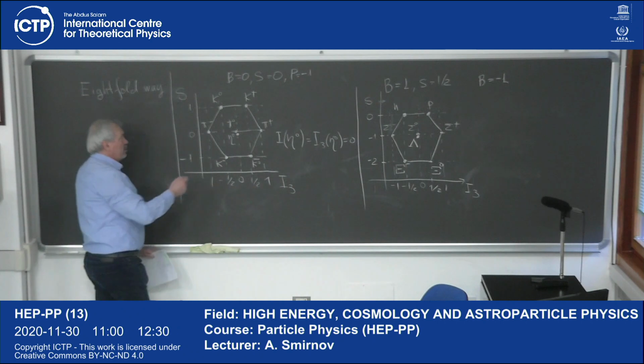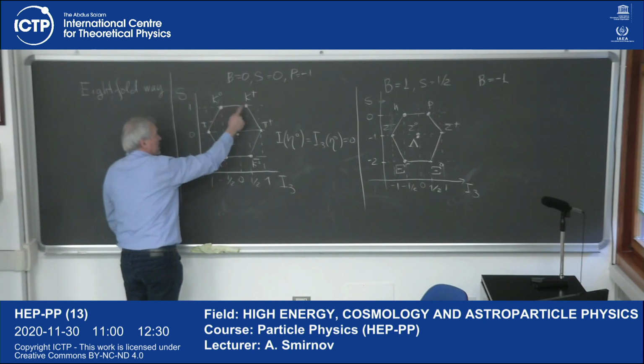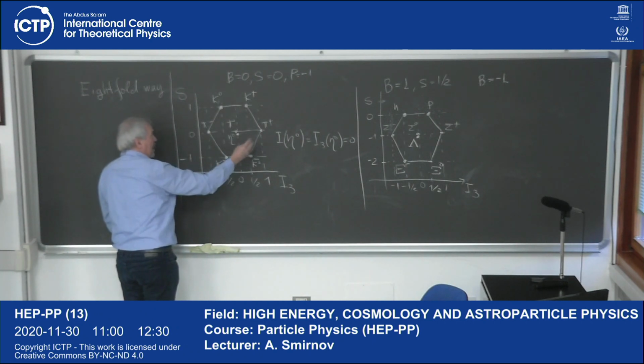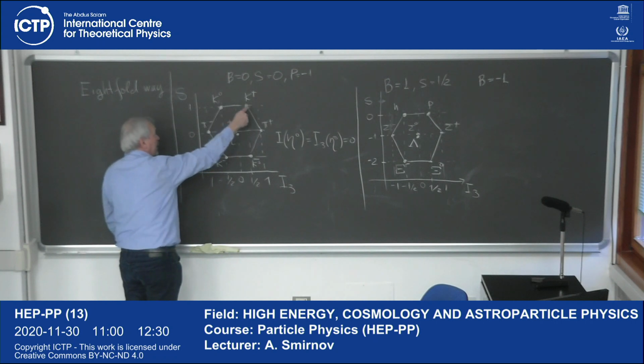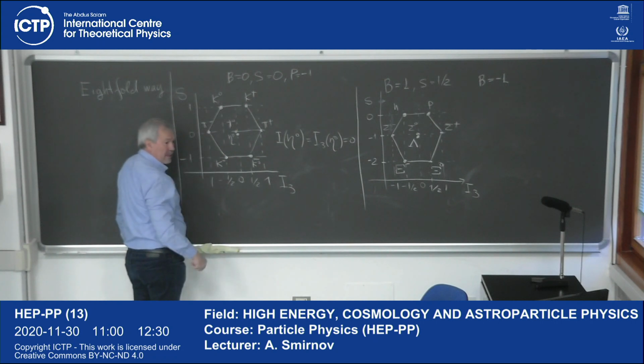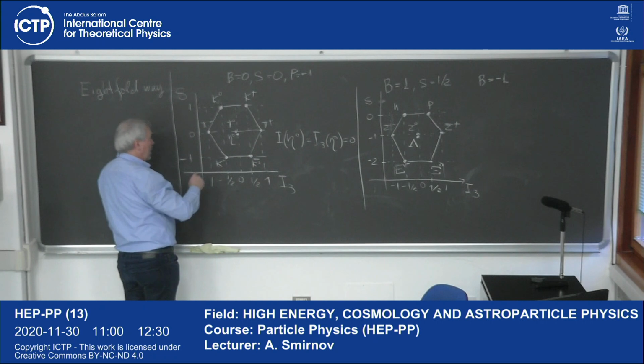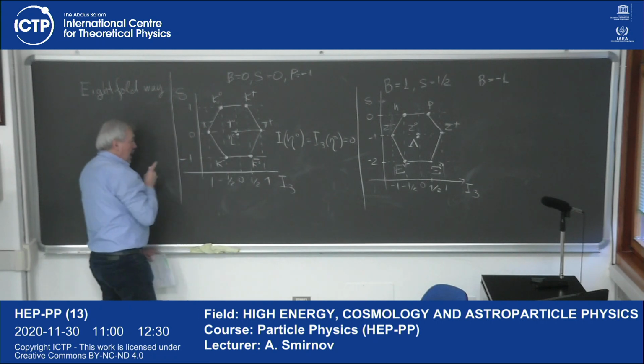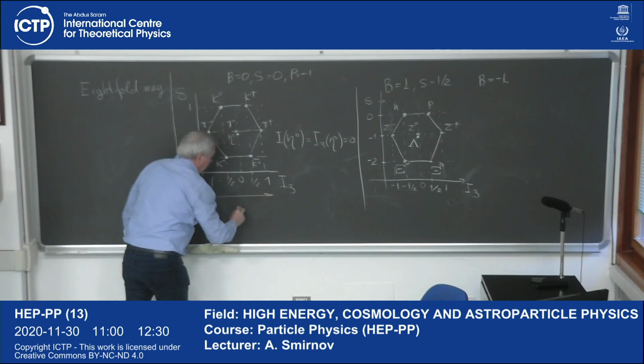So remember, isospin symmetry, it acts in this dimension, right? It can change K0 and K plus to some combination of these particles, or interchange them. The same is for pi 0. So isospin is acting here.